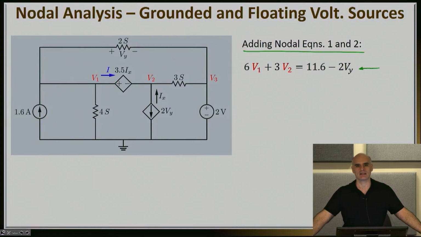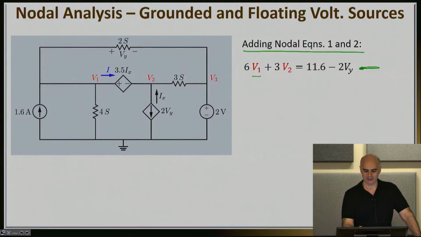Now you might say, this is wonderful, I got rid of my dummy variable, but now I have an additional problem. In fact, I have two problems. The first problem I have is that I have one equation, this one right here, but I have two unknowns, V1 and V2. So I need another equation. So I have to think about where to get this equation from.